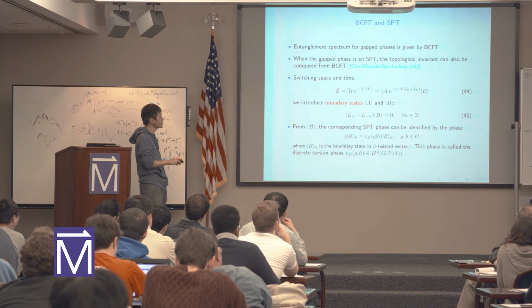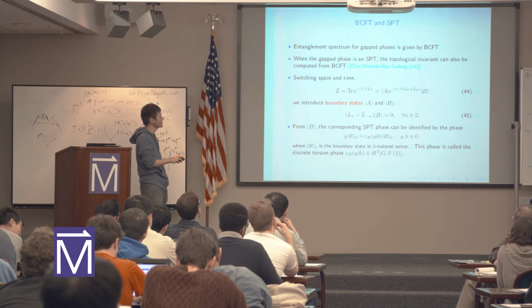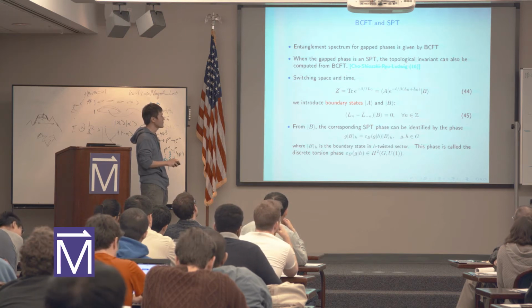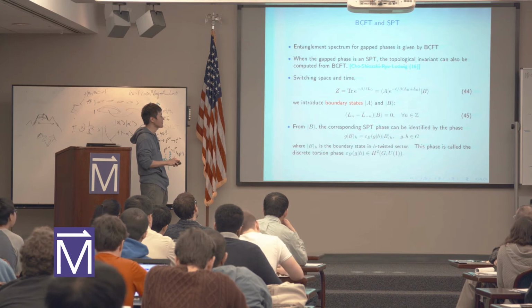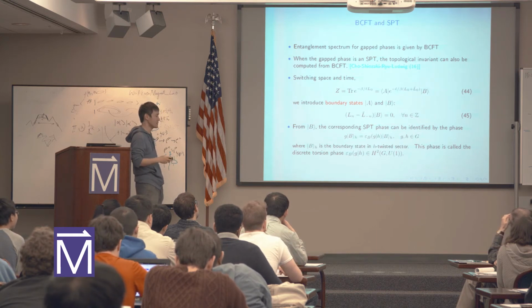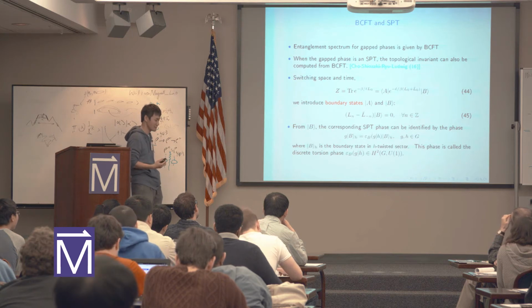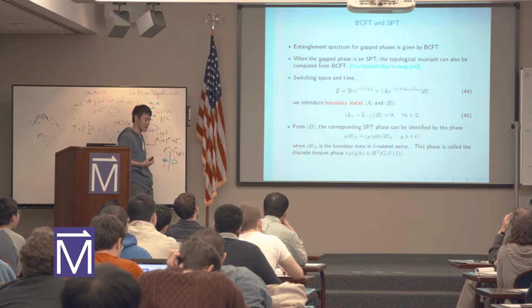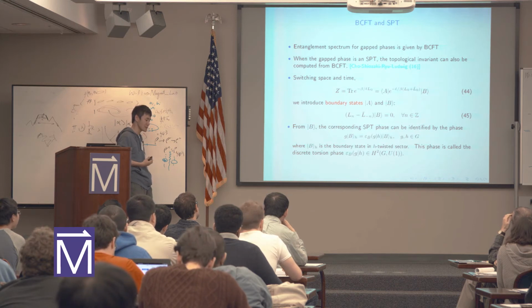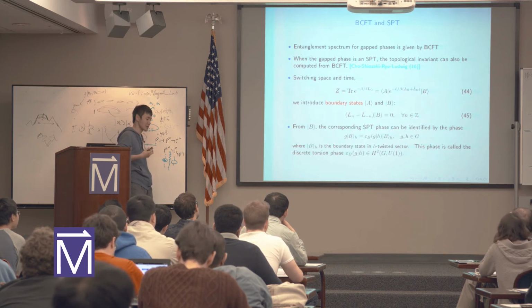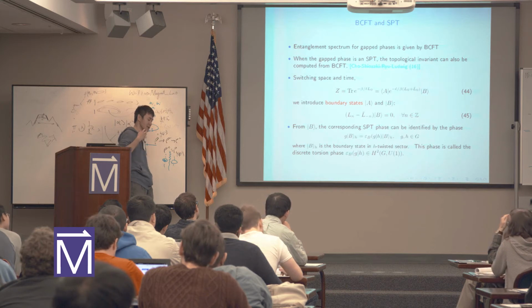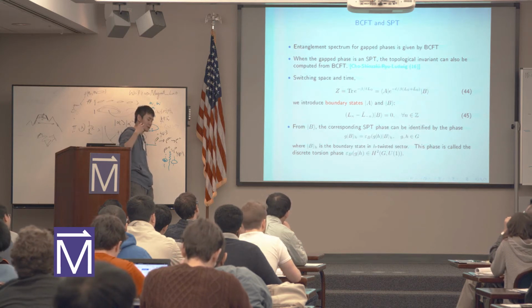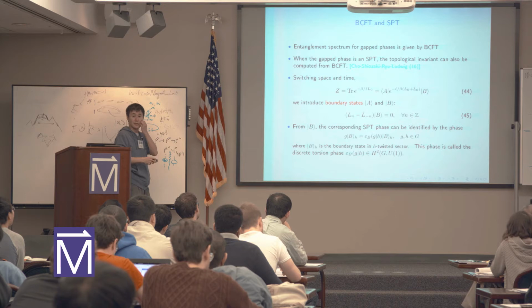Basically, once you construct a boundary state, you act with a symmetry operation, and then you get some phase, which turns out to be nothing but the phase which appears in this symmetry operation in the internal space of the matrix product state.